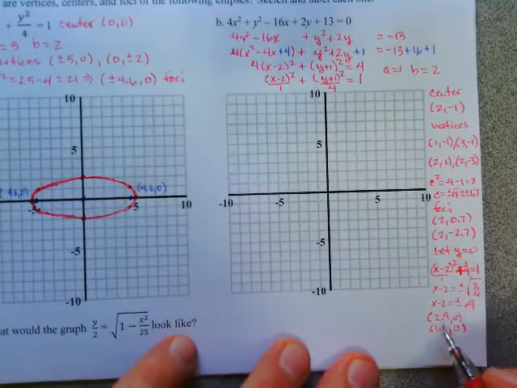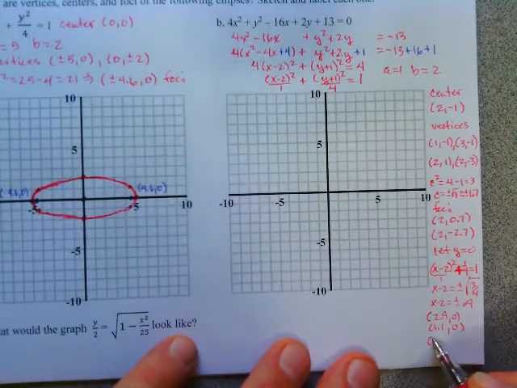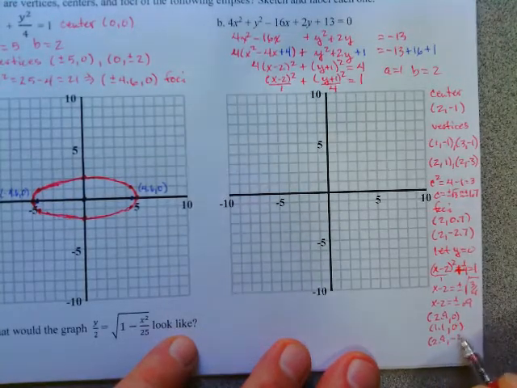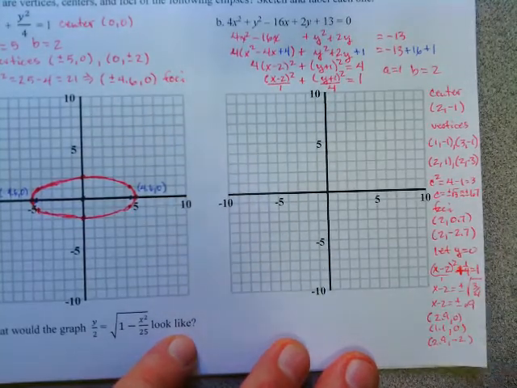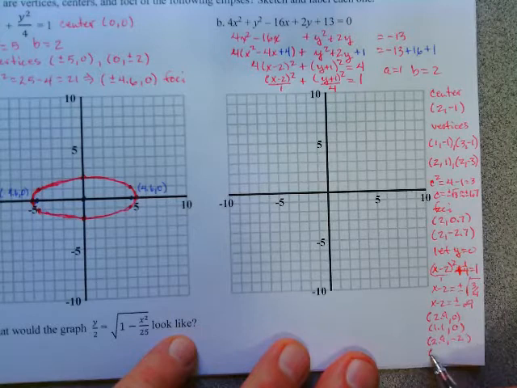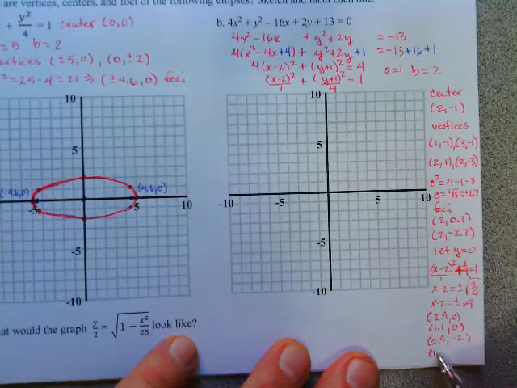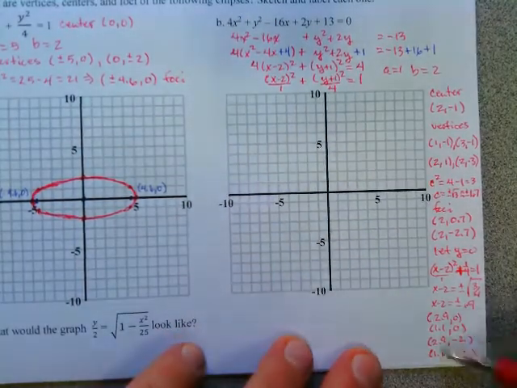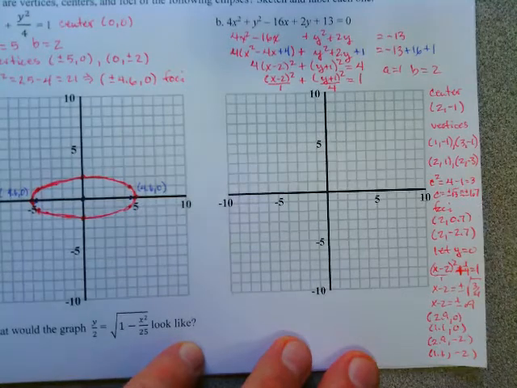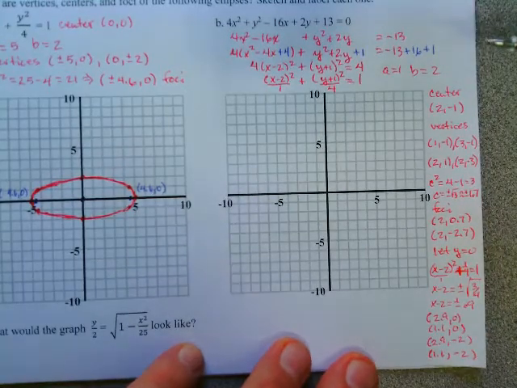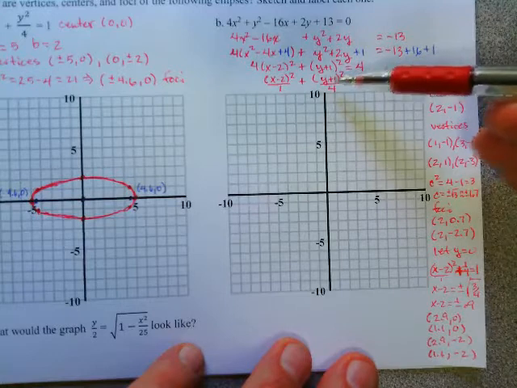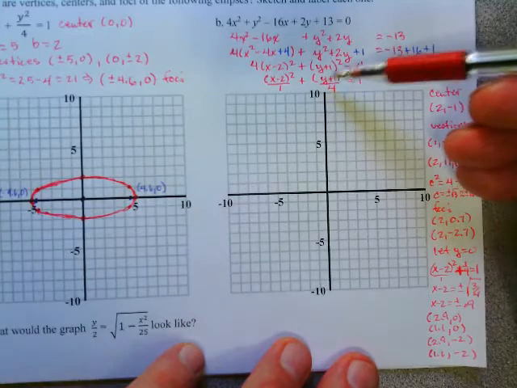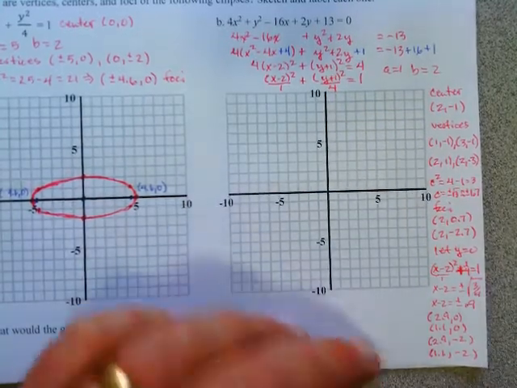And so by symmetry, we'll have (2.9, negative 2) and (1.1, negative 2). So the x's are the same, but 0, which we plugged in 0 for that, and then we also plugged in negative 2, because negative 2 plus 1 would give me negative 1, but negative 1 squared is back to 1, and so those are my other points.